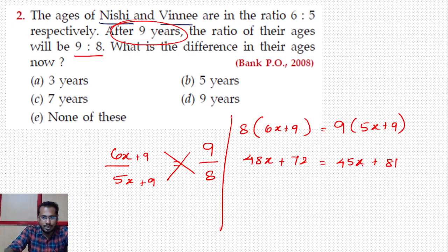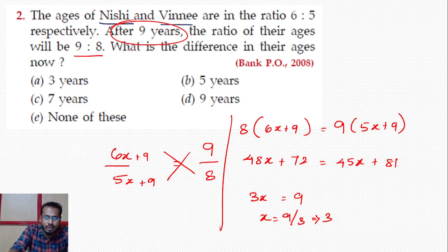It will be easy, so I don't want to spend much time. I know you can solve this problem, but I will complete it anyway. 48 minus 45 is 3x on this side, and 81 minus 72 is 9. So x is equal to 9 over 3, that is nothing but 3.